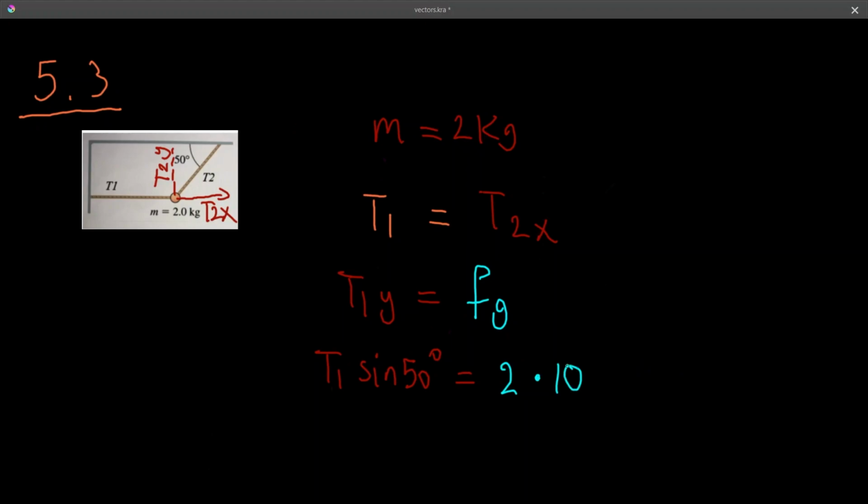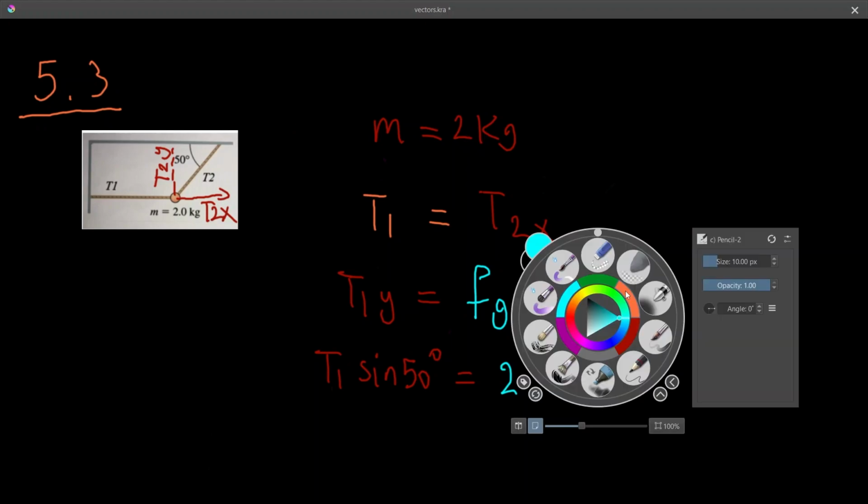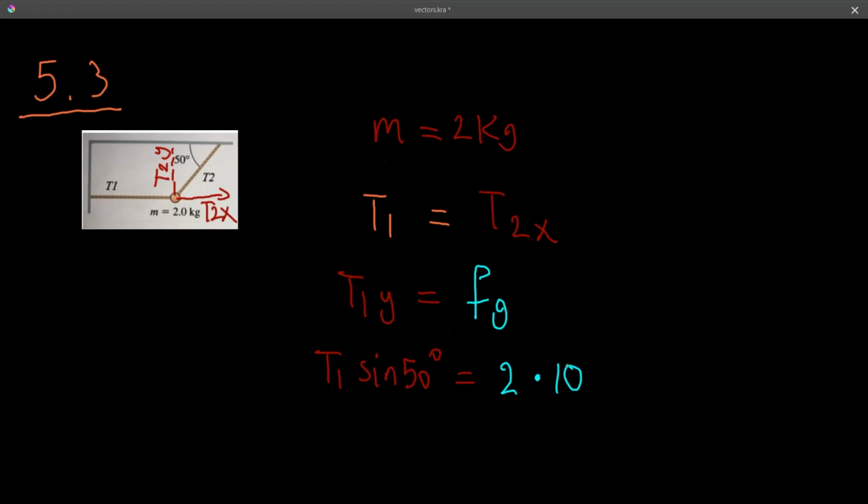Now you can divide by sine 50 on both sides, and you'll get that T1 is equal to 26 newtons. Now, using the fact that T1 is 26 newtons, I can calculate using the fact that T2, this is all T2y, T2 sine 50, T2 equal to 26 newtons.